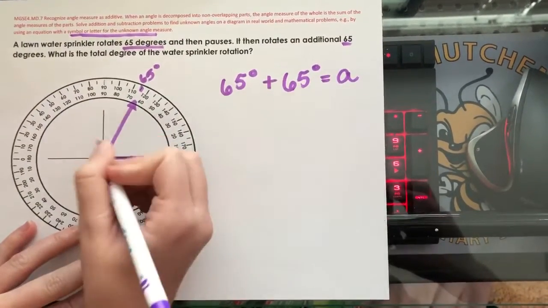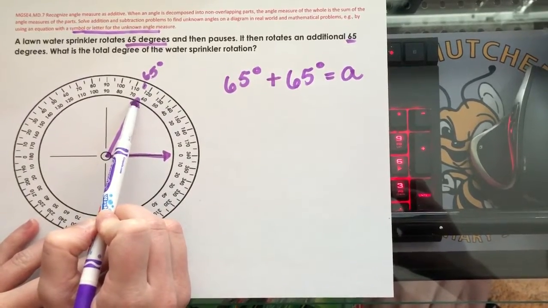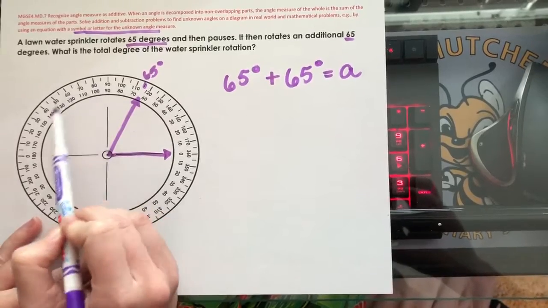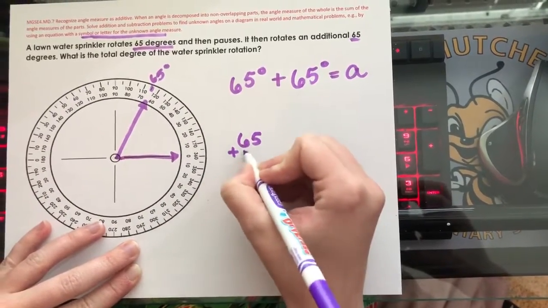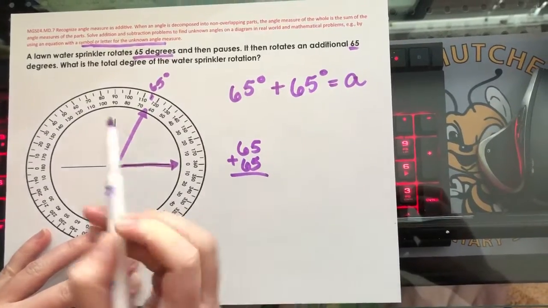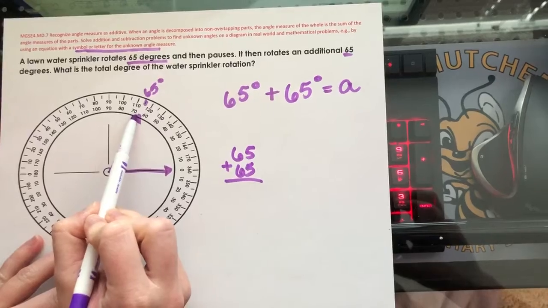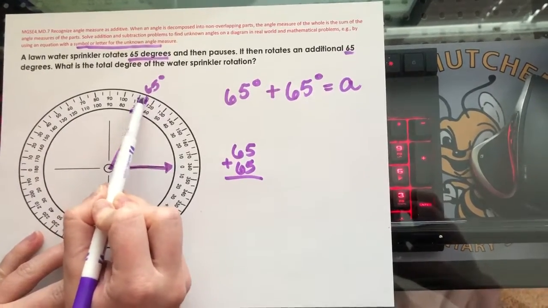Okay, so now our fun part is that we're going to go 65 this way. Okay, and of course we have our tens. We can skip count by tens. You can add it up on top of each other like this if you're more comfortable with this, but I'm going to skip count and do this so that we see both ways. So we're going to go 5, right? Because I went from here to here is only 5.